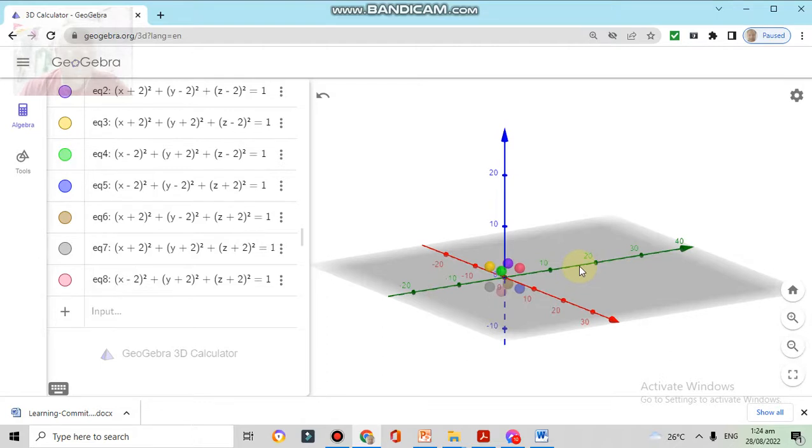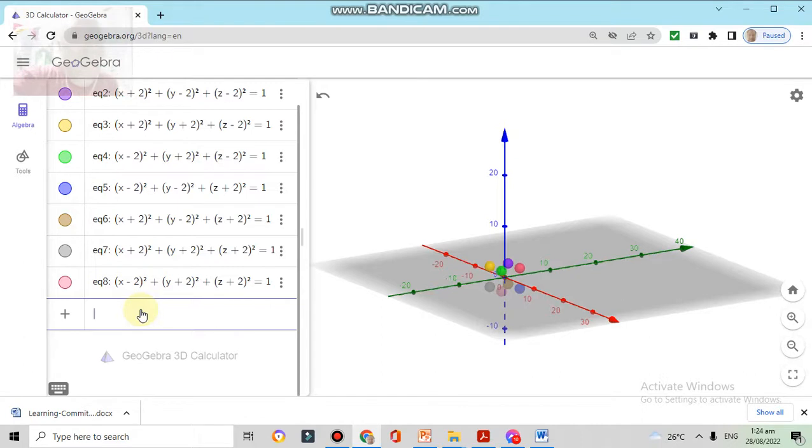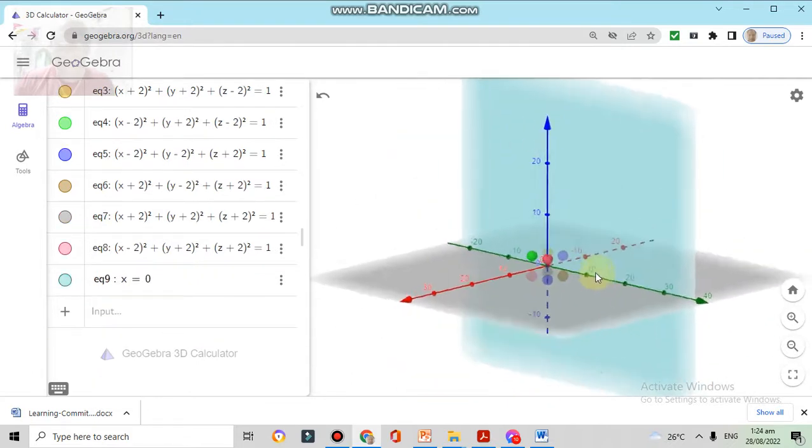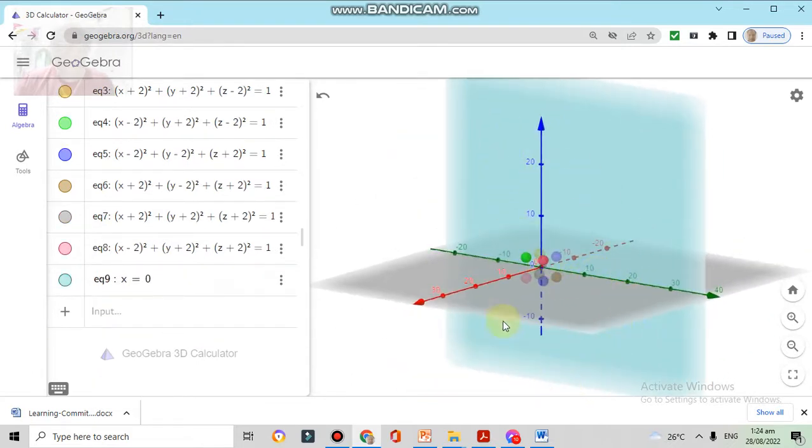So let's construct the other two planes. How about if we have x equals 0? This vertical plane here is the yz plane, and it is represented by the equation x equals 0.